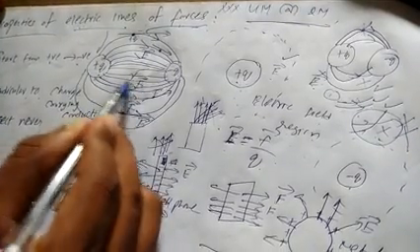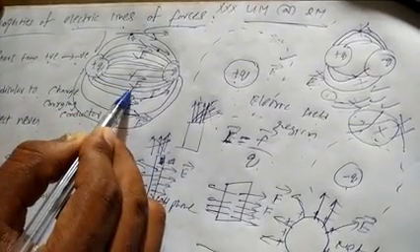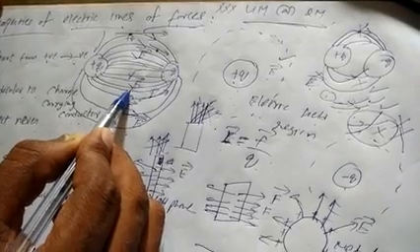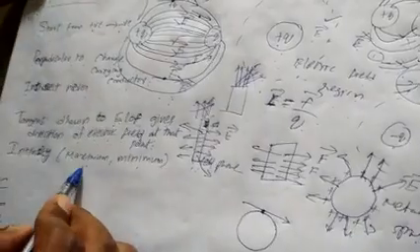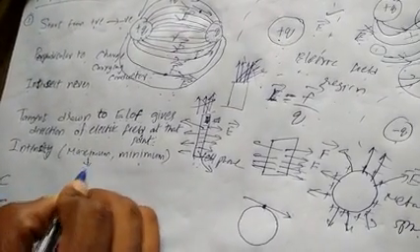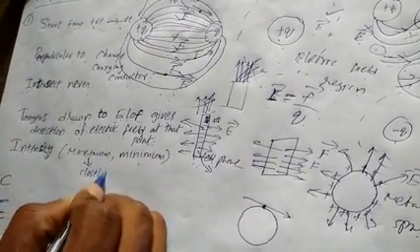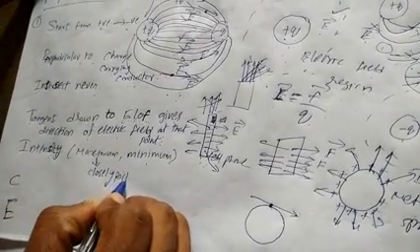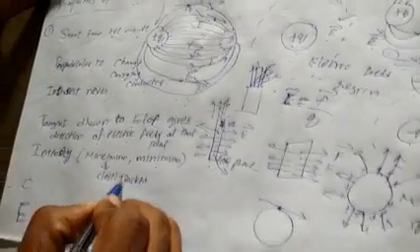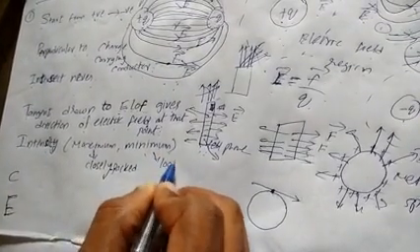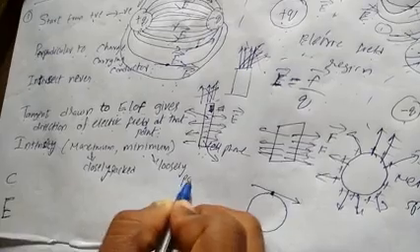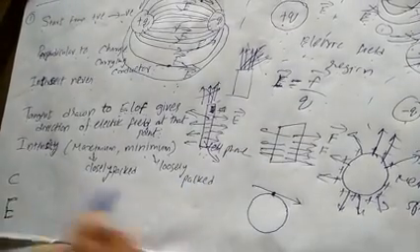At this region, when they are closely packed, then the maximum electric lines of force are present. So we can say intensity is maximum when they are closely packed, and intensity is minimum when they are loosely packed. This is very, very important.